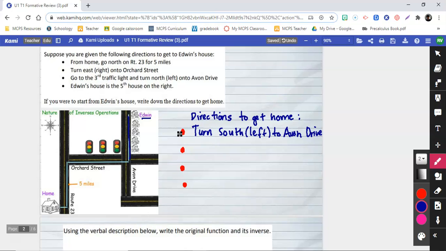So I'm going to pass 4 houses on the left and arrive at the traffic light at Orchard Street. Then I'm going to turn right onto Orchard Street.